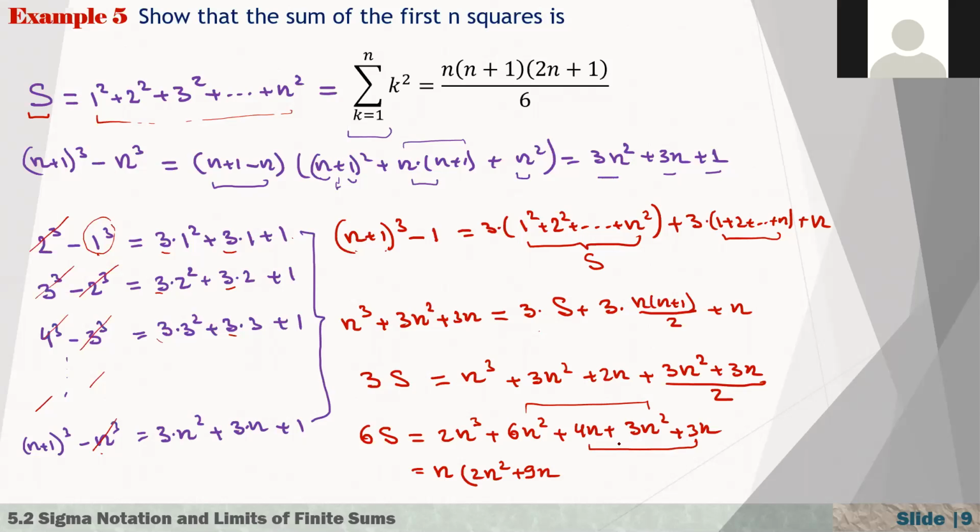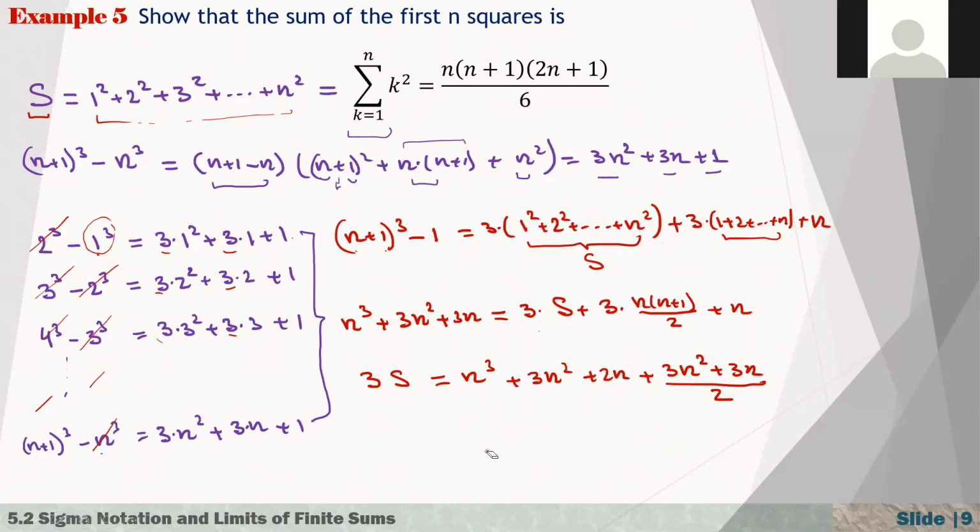All right. It should be minus here, right? It should be minus here. Okay. All right. So this one n cubed plus 3n squared plus 2n, we just take to the left hand side, right? And also this one we are taking to the left hand side. It will be minus here.